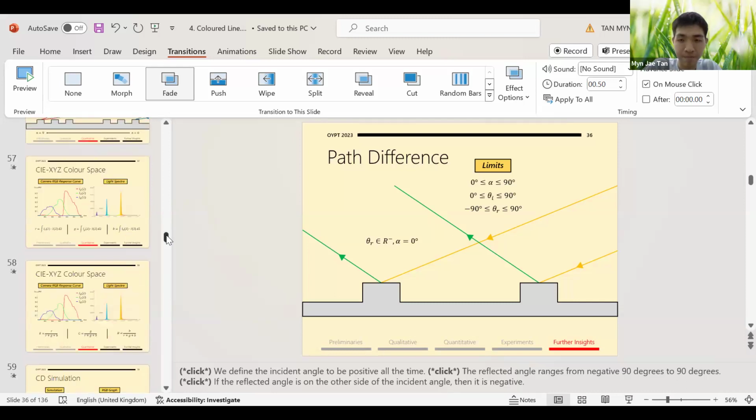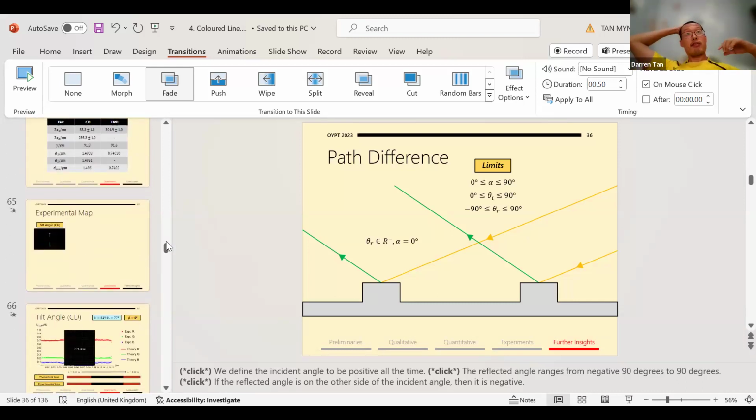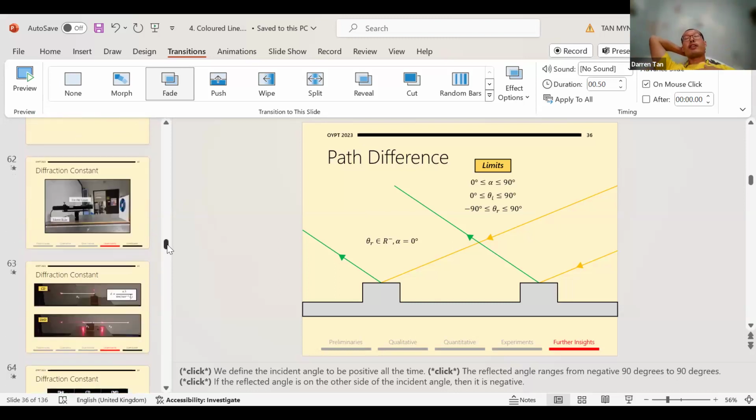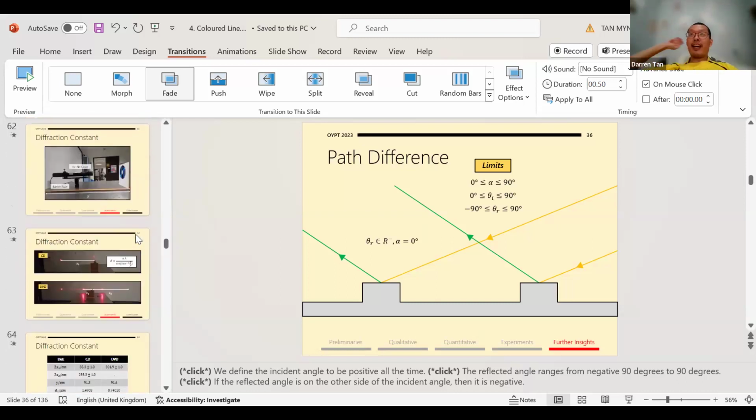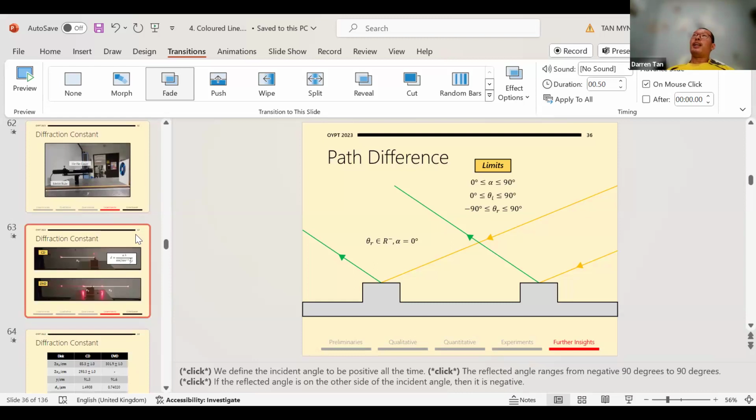Okay, thank you. Other than this structural difference, of course I'm of that era where I know a little bit about DVDs and CDs because we were using these for data storage. I think CDs can store something like 700 megabytes of data, and DVDs normally something like 1.4, 1.5 gig. So almost double.